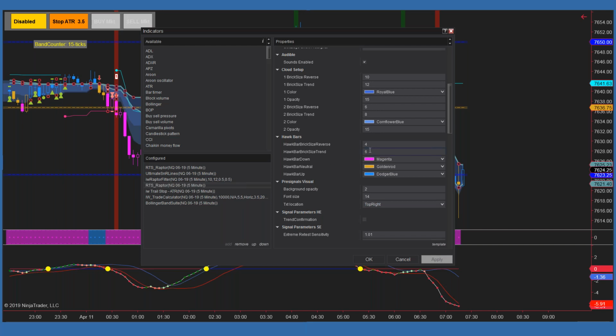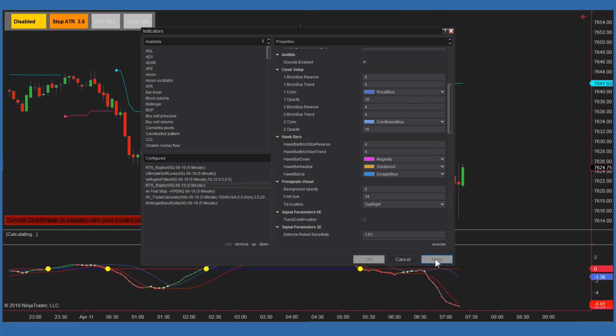What that means is we're going to run a 4-tick brick, so I'm going to change the bricks to 4. The fast cloud will also be 4 ticks, and the slow cloud will be 6 ticks. So I'm essentially halving the initial values. Let's see what that does to the chart.